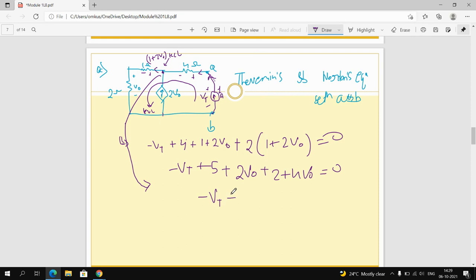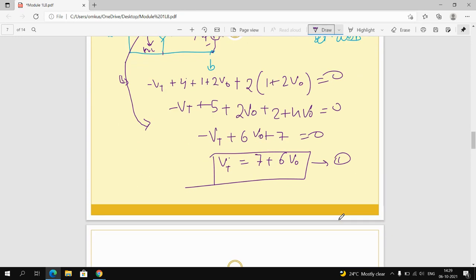So this is VT plus 6 v naught plus 7 equals 0, and VT is equal to 7 plus 6 v naught, right?